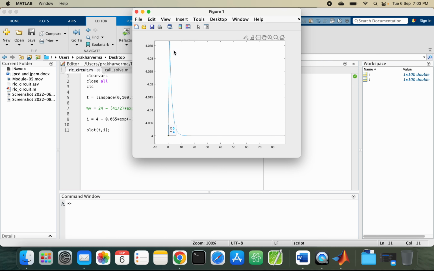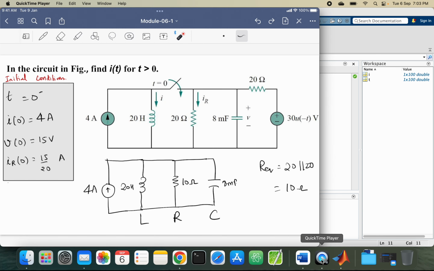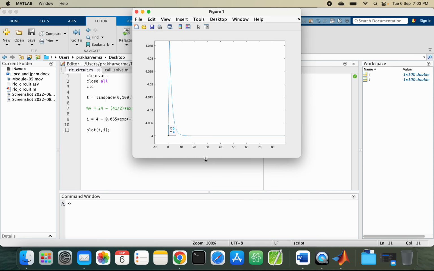There is a sharp jump here, and in the forced condition the current will be 4 amperes, since the inductor will behave as a short circuit, and therefore all the current will pass through it. So this suggests that we are getting a correct waveform for the current.